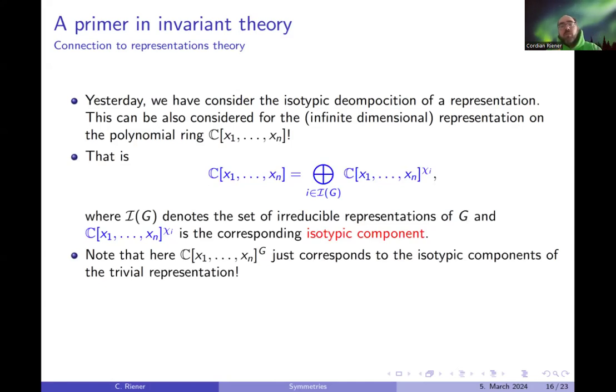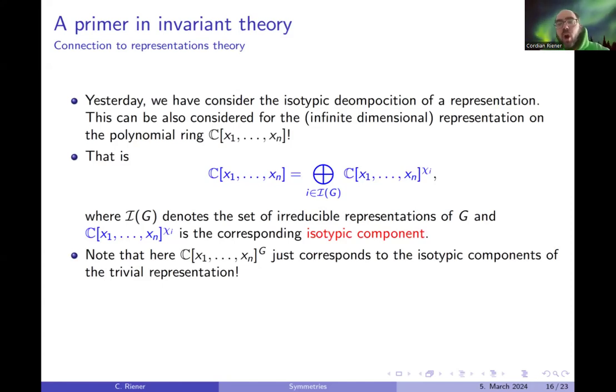And now what we observe, and this is maybe the interesting thing to start with, is that my original object of study, namely the invariant ring, can be found in this isotypic decomposition. Namely, it will be just the component that corresponds to the trivial representation. Remember, yesterday we defined the trivial representation: it is just when the group acts trivially, doesn't do anything.